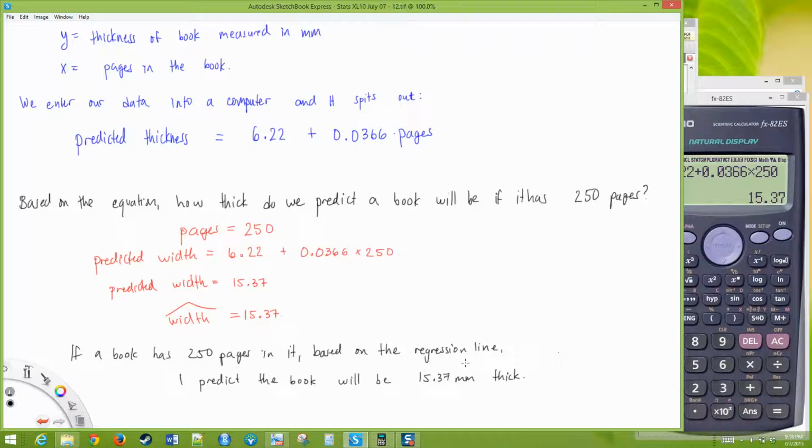It probably won't be exactly that. You take it home and you measure it, it might be 17 millimeters thick, it might be 12 millimeters thick. This is just saying we are predicting that it's going to be this thick. It doesn't necessarily mean that this is exactly how much it's going to be.